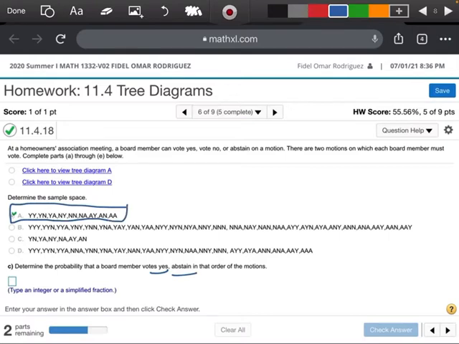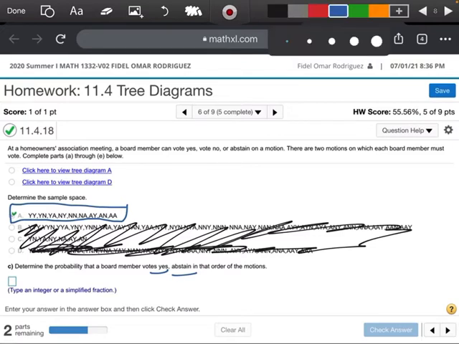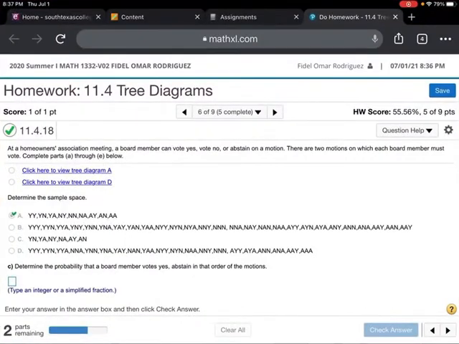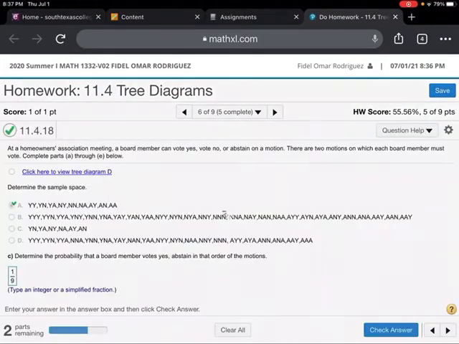So that means I don't care about any of this other business over here. These are not viable, right? These are not the answers. So out of the ones that I selected here in blue, which one has yes and then abstain? That guy right there. So 1 out of 9, okay? So I'm going to come back to my choice here in part C. I'm going to say 1 over 9. And there we got that part.